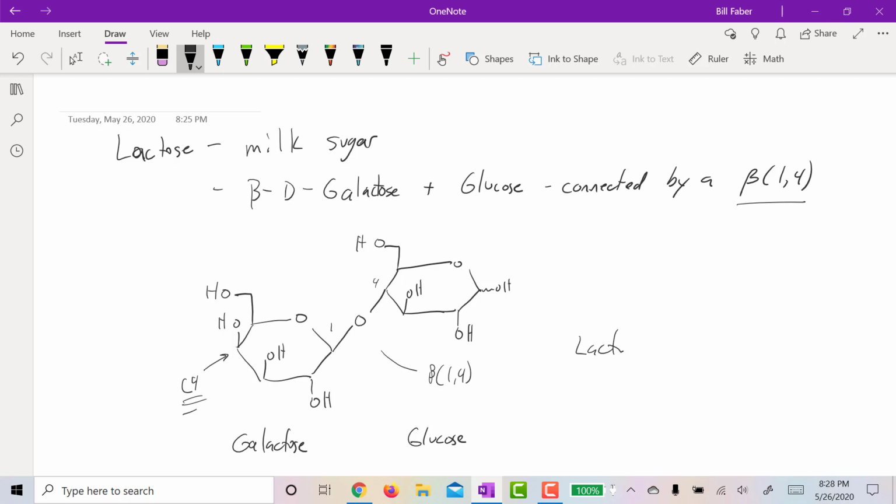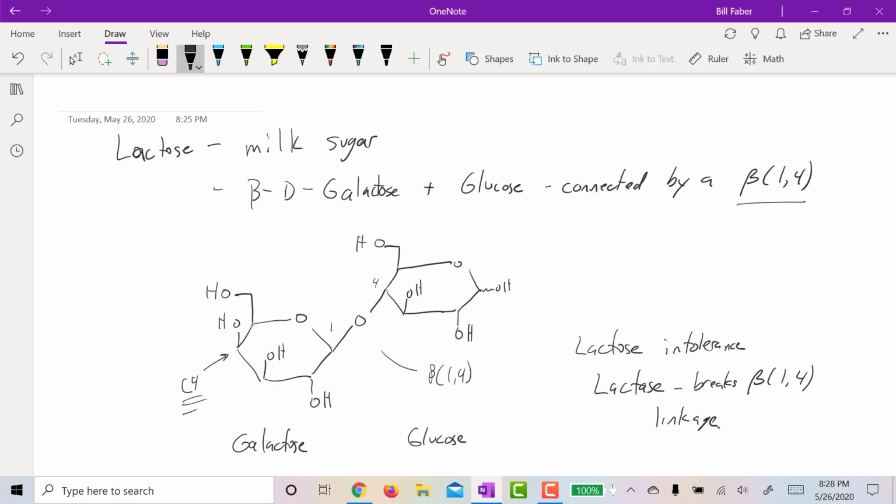And you know, you've probably heard of someone that's lactose intolerant. When you have lactose intolerance, it's because you actually aren't making the enzyme that breaks down this bond, okay? So it's an enzyme called lactase, and it breaks the beta 1,4 linkage.